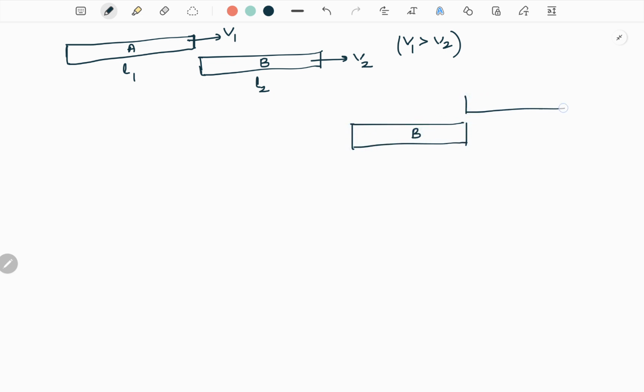At the moment when A completely crosses B, the back of train A would be at the position of the front of train B. So what would be the time taken to go from this arrangement to this arrangement?